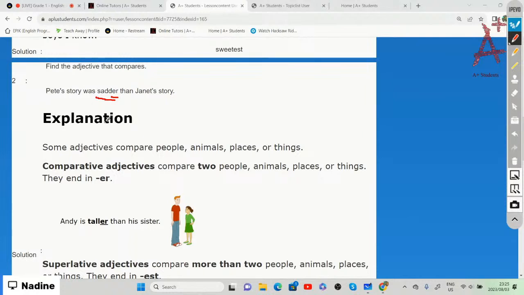So we can say this is a comparative adjective, because comparative adjectives compare two people, animals, places, or things, and end in er. Sadder is our adjective, and it ends in er.